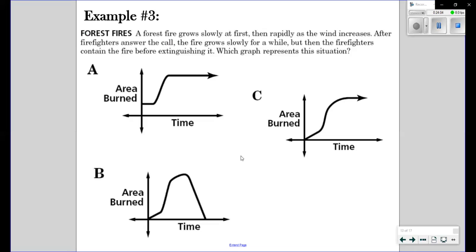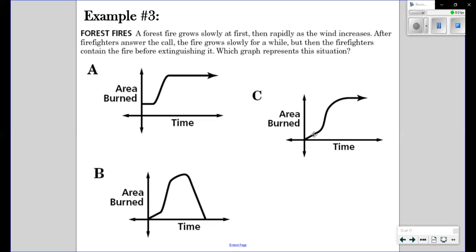That means this forest fire started at a point. It was little and it started to grow. This would not be the answer. So we're down to B and C. They're both starting at a starting point, and they both are increasing slowly, which is showing that.